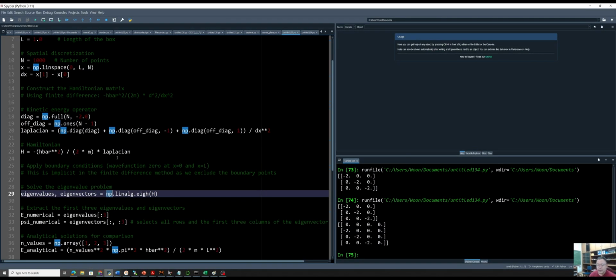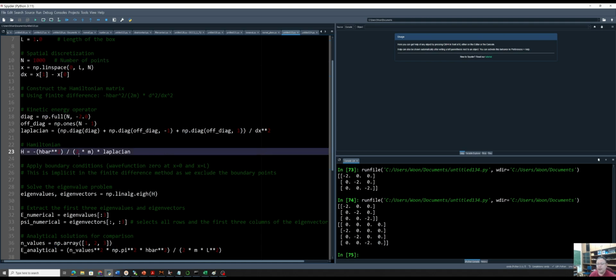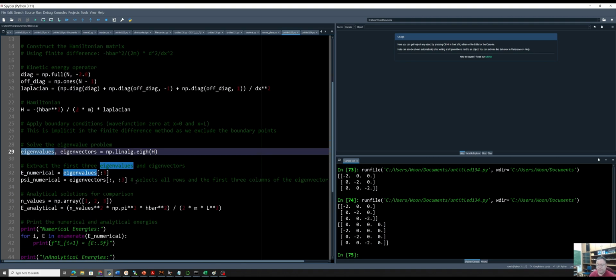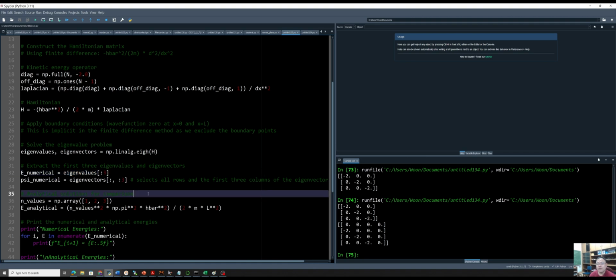It's important that we have 1,000 points, which means that we have 1,000 eigenvalues. And we're going to look at the first 3 eigenvalues and also their corresponding eigenvectors, which can be written here.